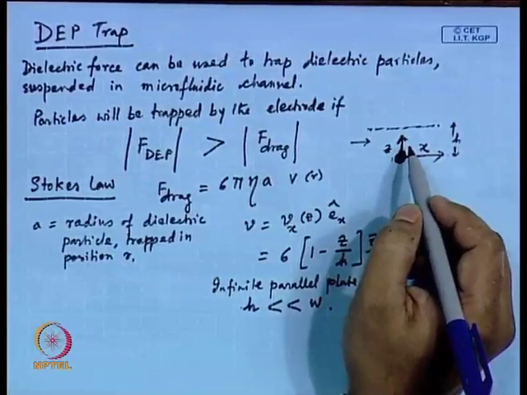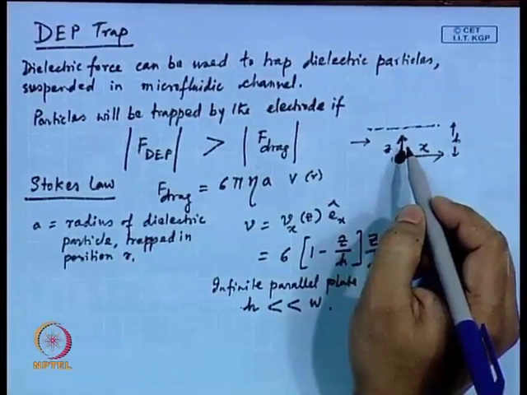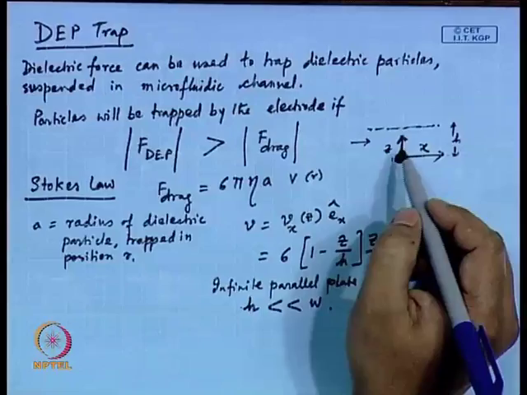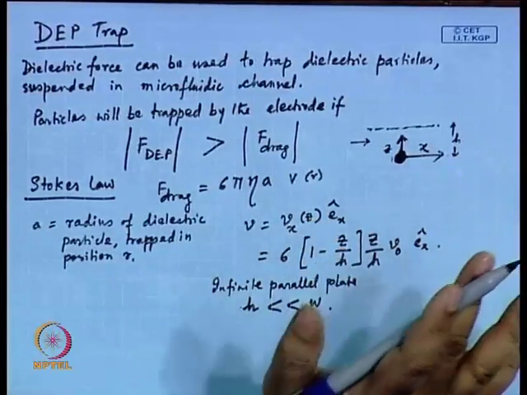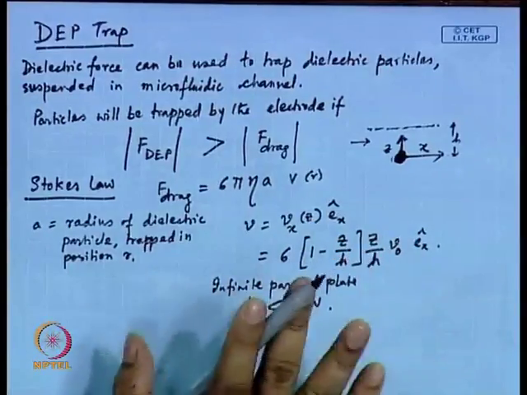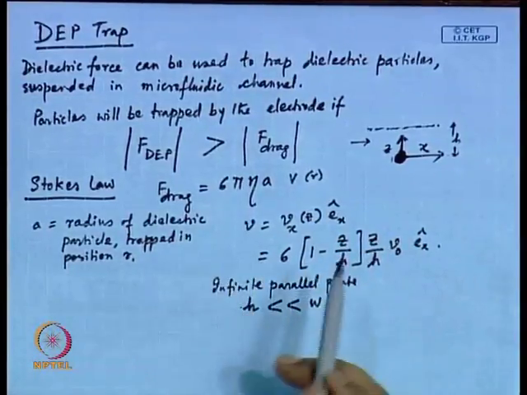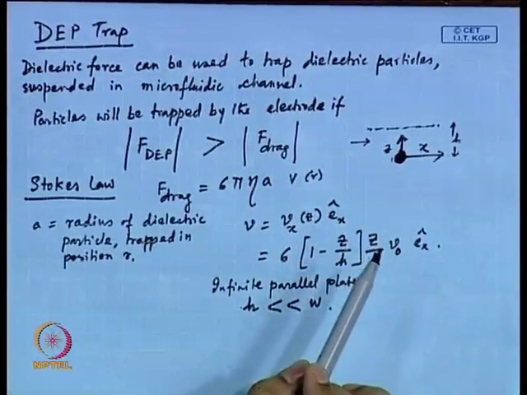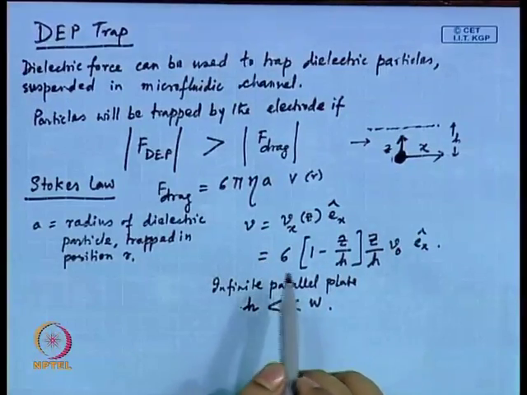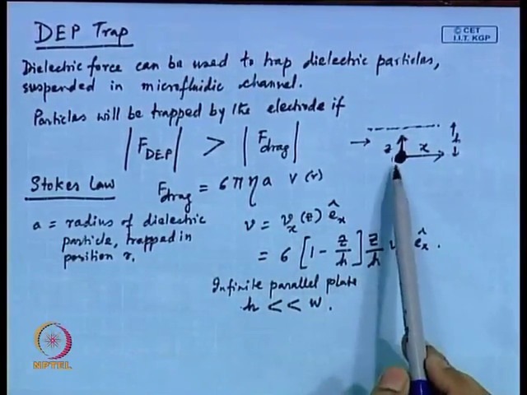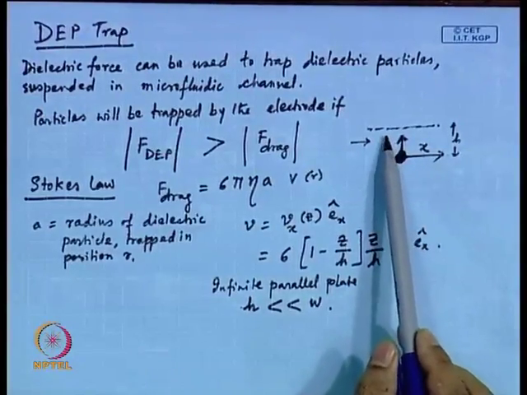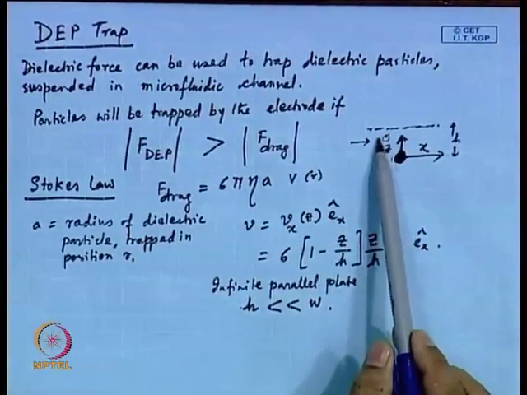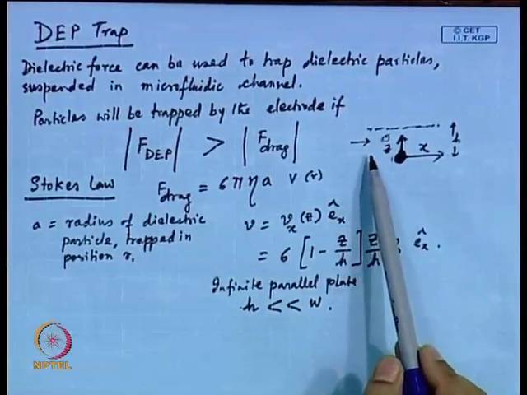In fact, if you look into any advanced literature on DEP, you will find that they will start with these AC electric fields altogether. But I thought it would be wise to first build it from scratch, and then point out which parameters would be affected if there is an AC electric field. So, if somebody employs an AC electric field, then the formation of dipole layer around the particle would not be important.